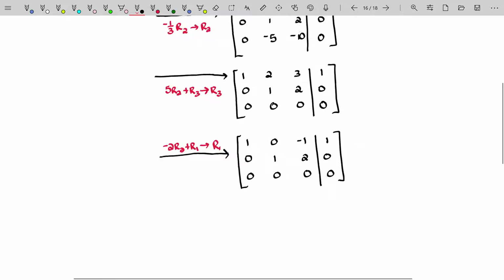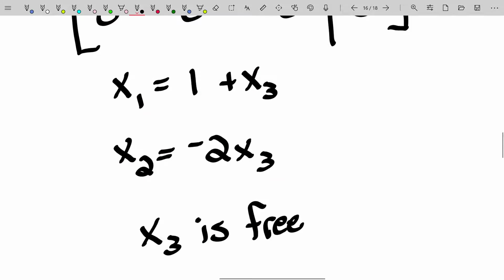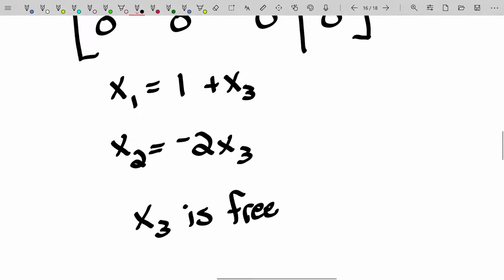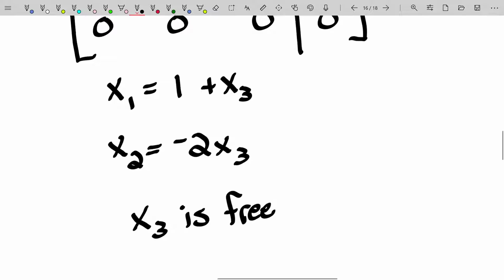And we get down to this point right here. We've completely used the row reduction algorithm to get to reduced row echelon form. This gets us to x sub 1 is equal to 1 plus x sub 3, x sub 2 is equal to negative 2x sub 3, and x sub 3 is free.